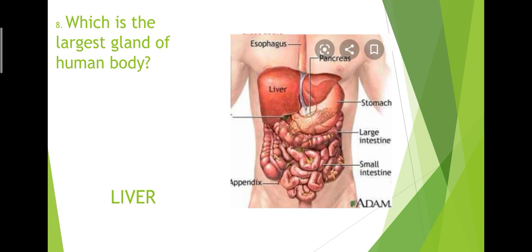Its size is like that of a big football and it produces bile. Bile juice is produced by the liver and it filters and eliminates toxins, the bad things, from our blood. It makes proteins for our blood plasma also. It manages blood clotting. So in short, we can say that liver is a very important organ or gland of our body.